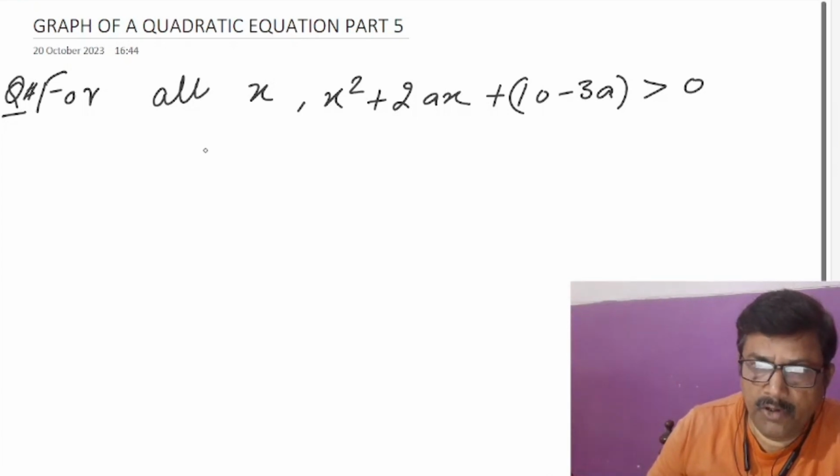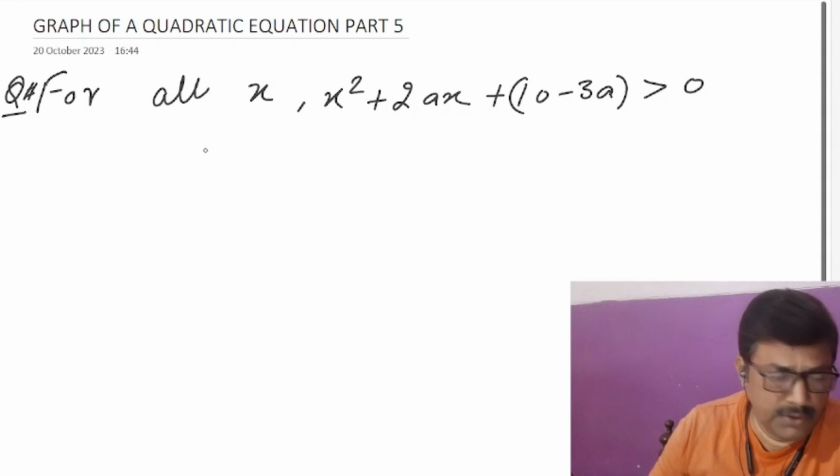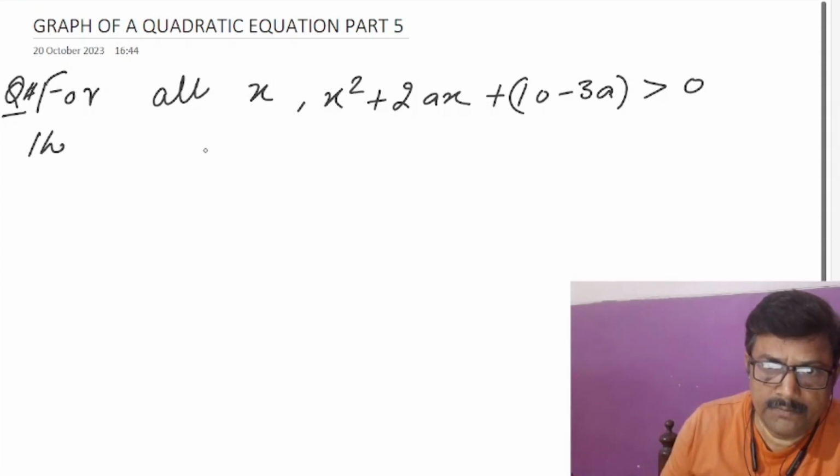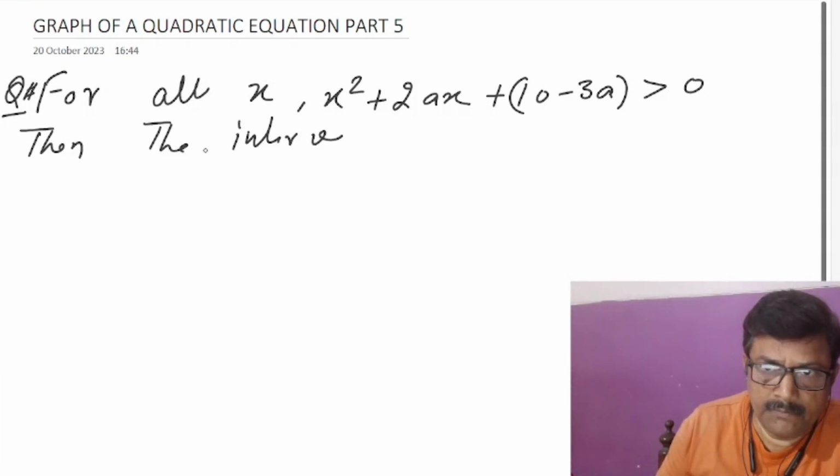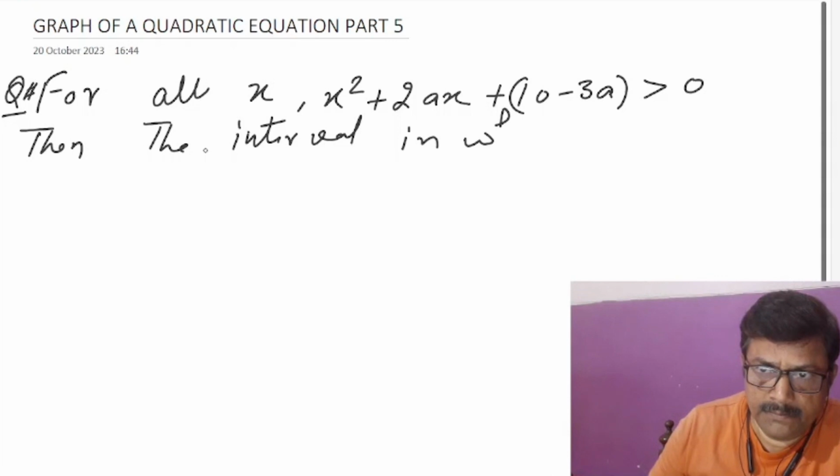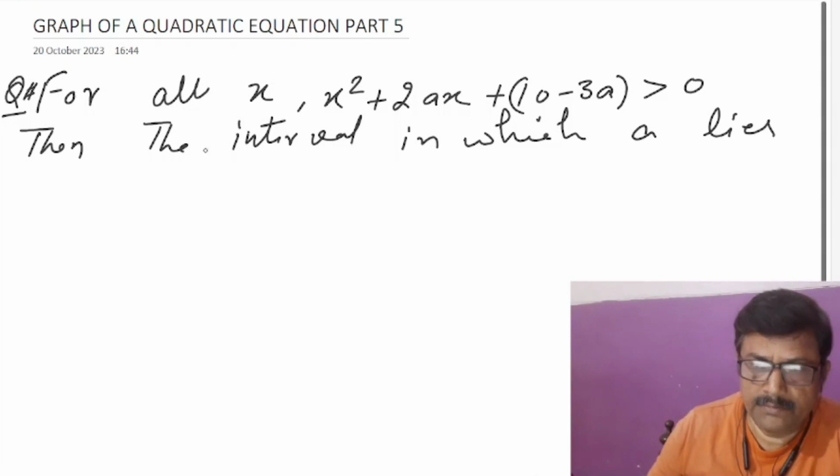Okay, for all x this quadratic is always greater than 0, positive. Then the interval in which a lies.